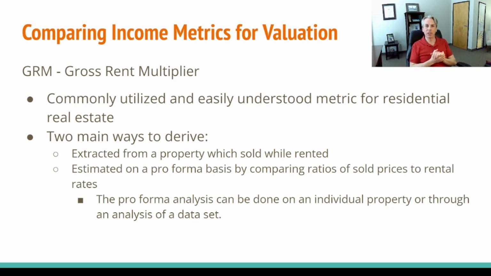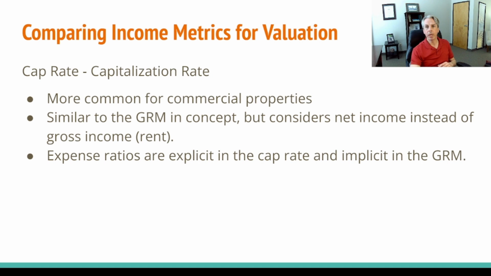Big data usually has some connotations to it, just a larger data set, and applying maybe some statistics, inferential statistics, to make some inferences as to what that would tell you about the GRM. So that is some ways that we can think about the GRM, and we'll see how they compare and contrast as we move on. So the next thing is the cap rate.